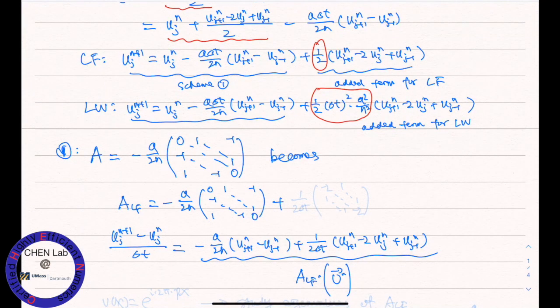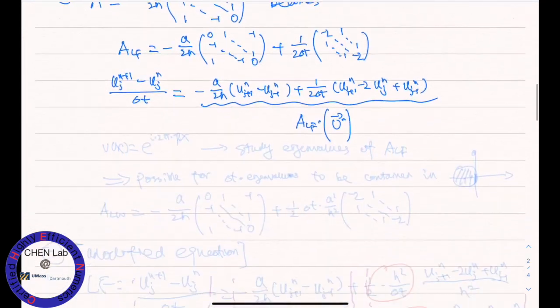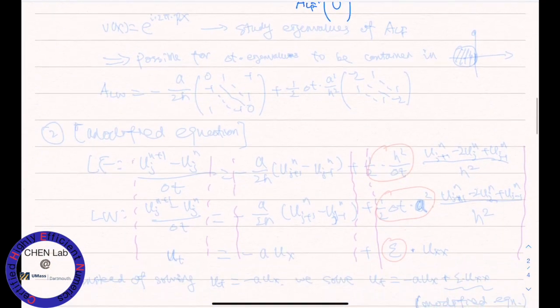So what are we adding? We are adding this 1 over 2 delta t of -2, -2, and then we have 1, 1, 1, 1. Same procedure as we did in the last video: just put Vx to be e to the I 2 pi px, and study the eigenvalues of ALF. Simple exercise, or you can read the book.